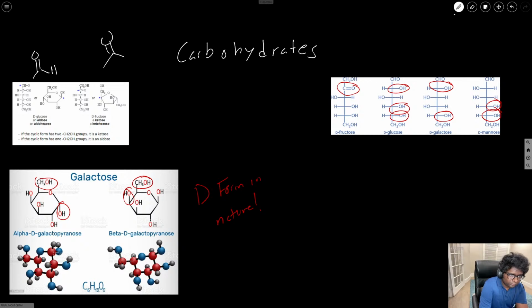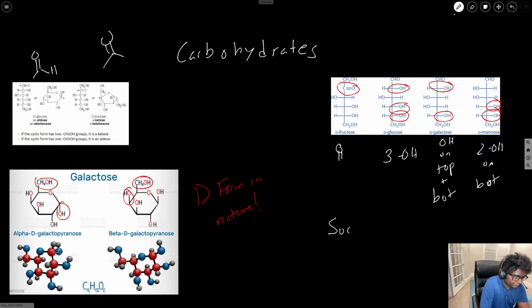I think I'll just draw it like that: 3 OH, OH on top and bottom, 2 OH on bottom. Can't really think of anything else for that. Any other questions about monosaccharides? We can move on to some disaccharides and polysaccharides.